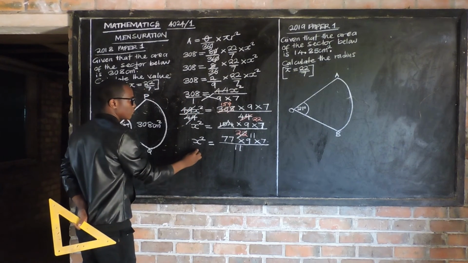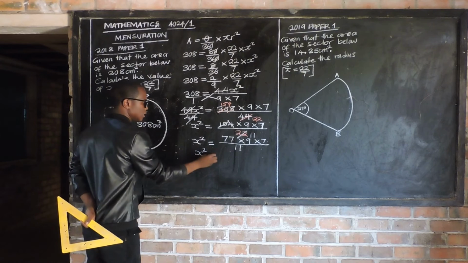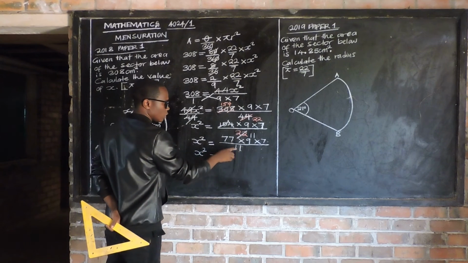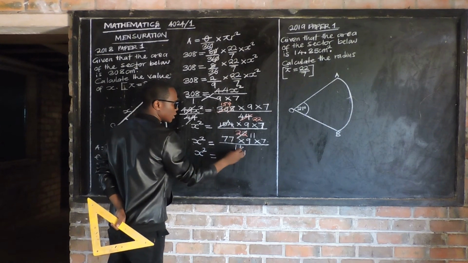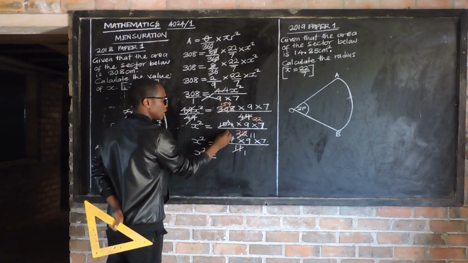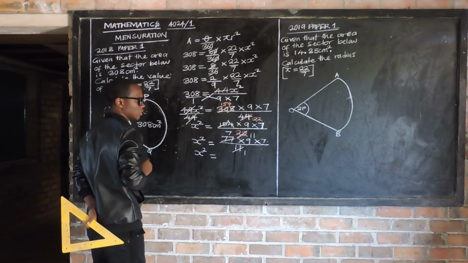Then we can move on and say x squared is equal to 11 can go into 77. So 11 into 11 is 1, and 11 into 77 you get 7. So what do we have?